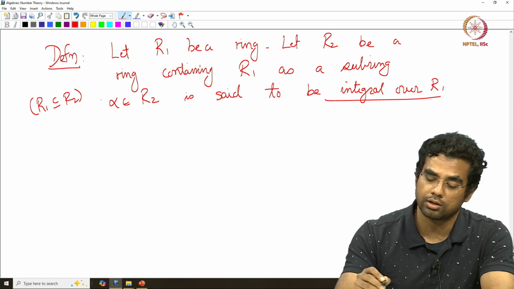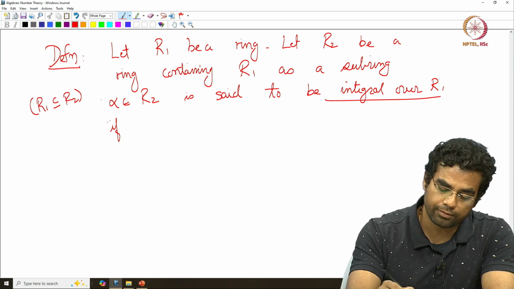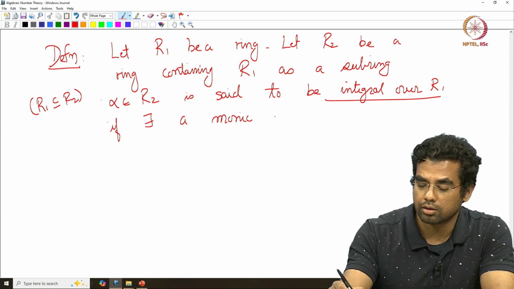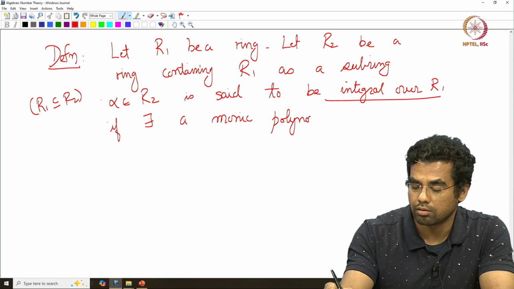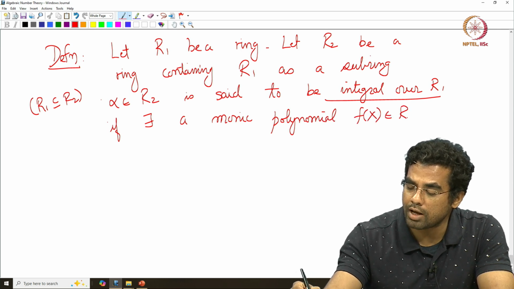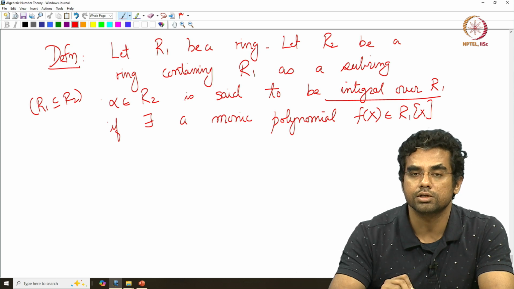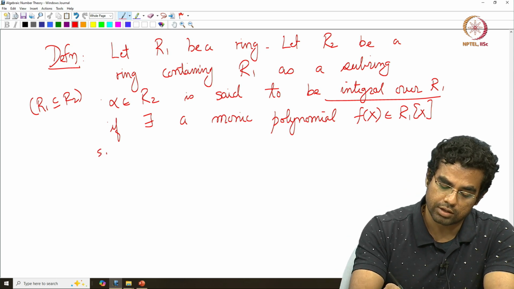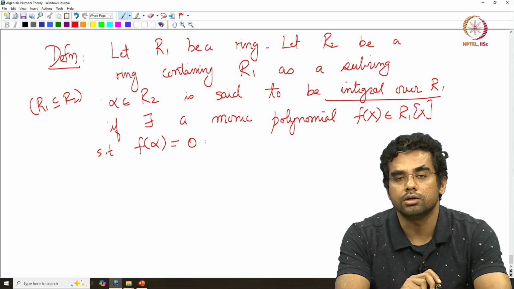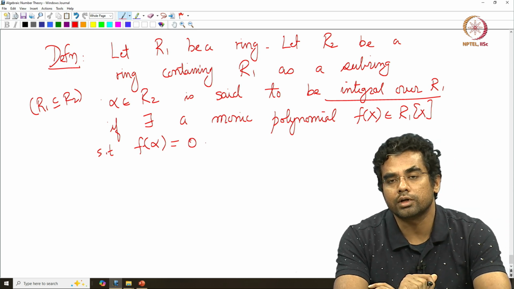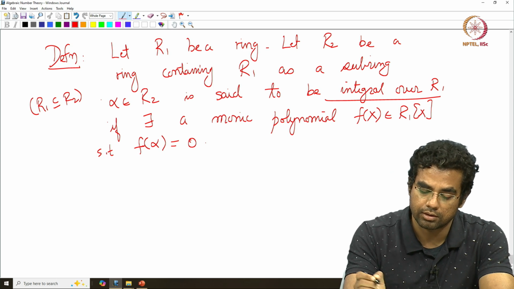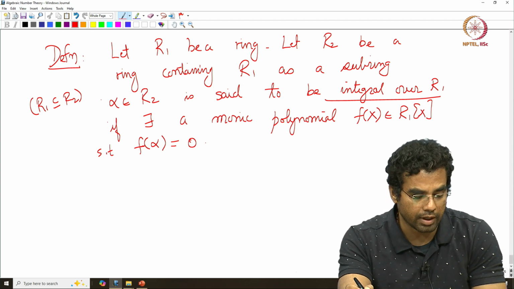Alpha is said to be integral over R_1 if there exists a monic polynomial f of x in R_1[x], so with coefficients in the smaller ring, such that f of alpha equals 0. Okay. So, integral over Z just means algebraic integer. This is a generalization of that.